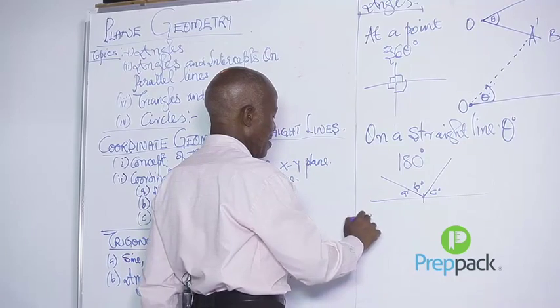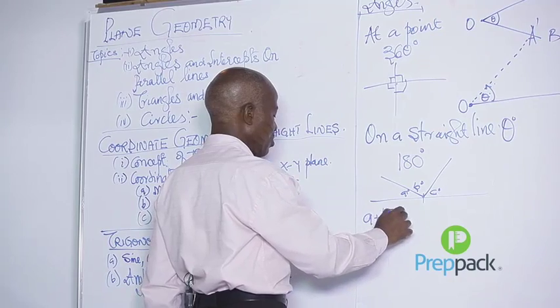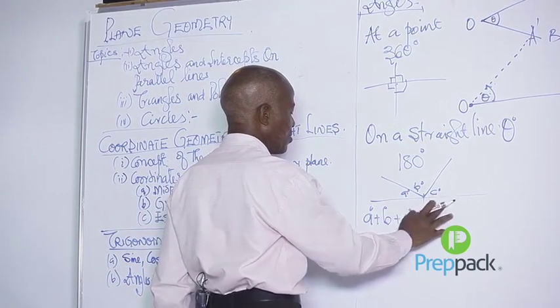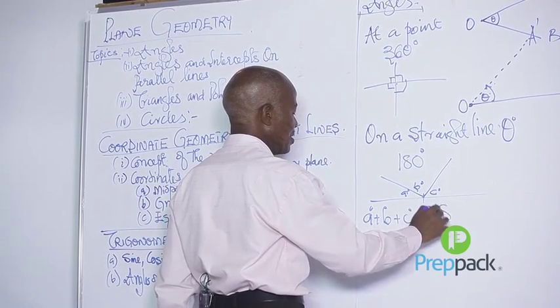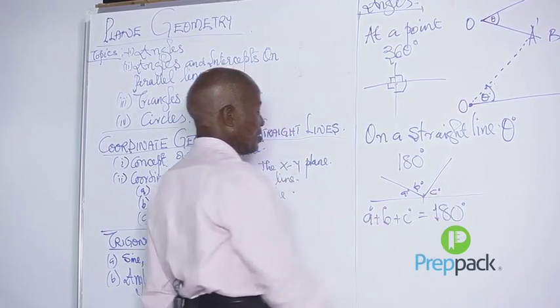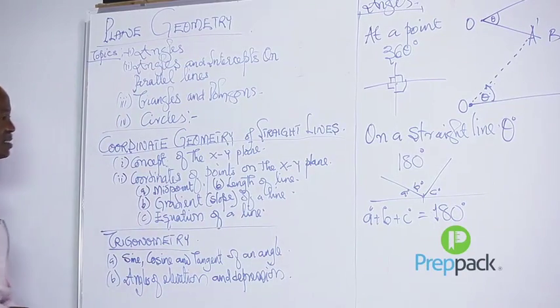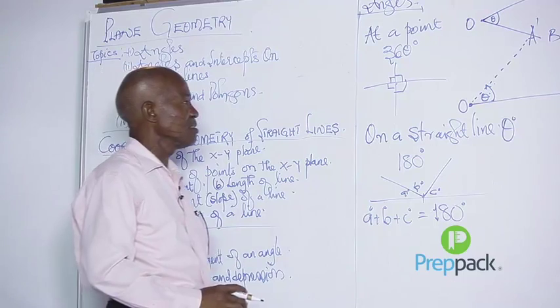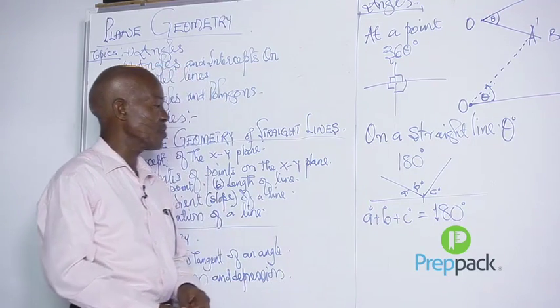A plus B plus C in degrees add up to 180 degrees. And we can use this to classify various angles that we have.